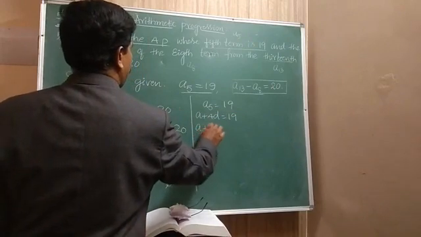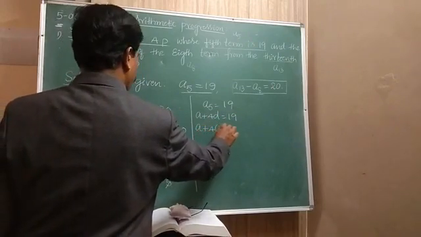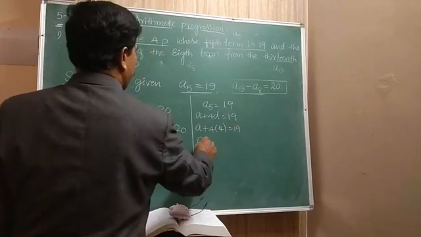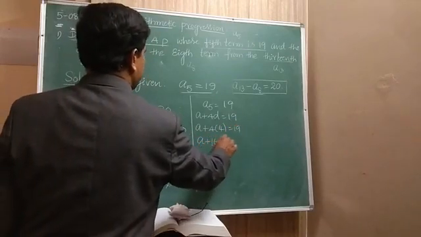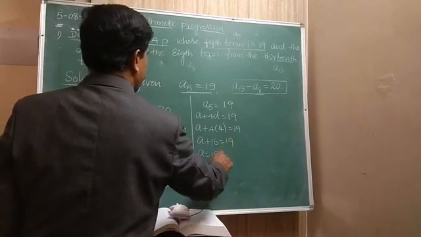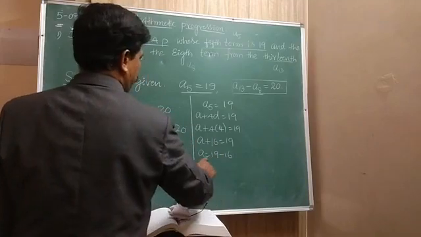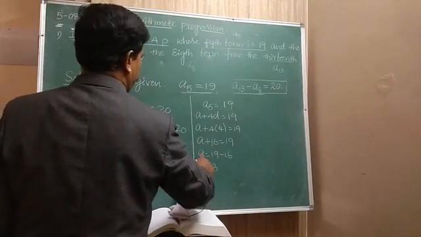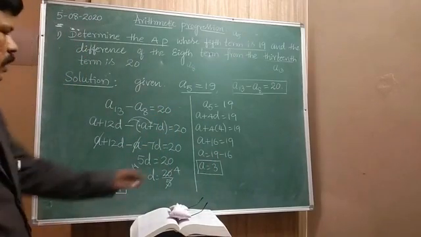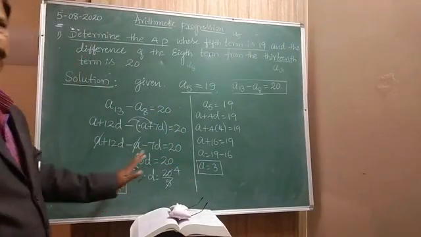A plus 4 into 4 equals 19. A plus 16 equals 19. Then A is equal to 19 minus 16. A is equal to 3. So A value and D value we know.